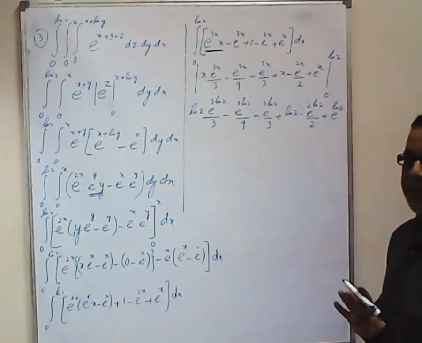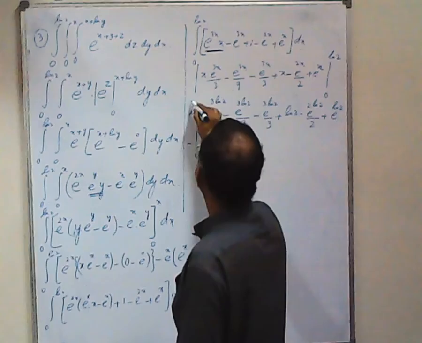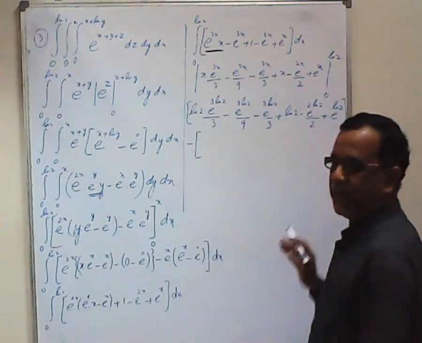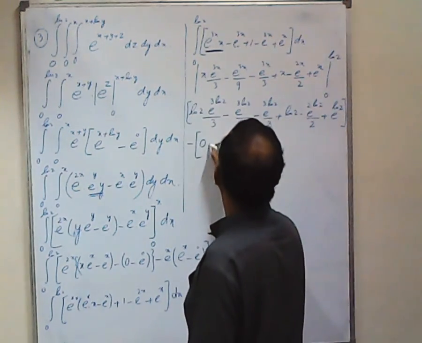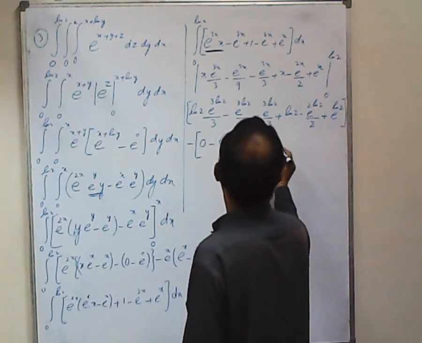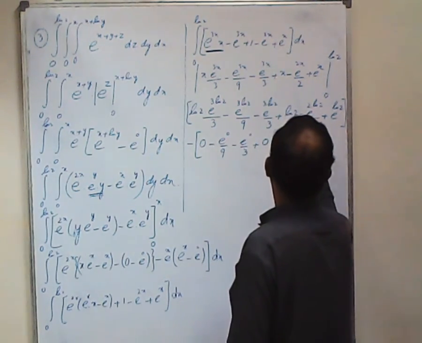This is the upper limit. Then we have the lower limit, so minus. I am putting all this in one bracket. So this is the upper limit minus the lower limit. The lower limit is 0, so the first term is 0, minus e^0/9, minus e^0/3 plus 0 minus e^0/2 plus e^0.